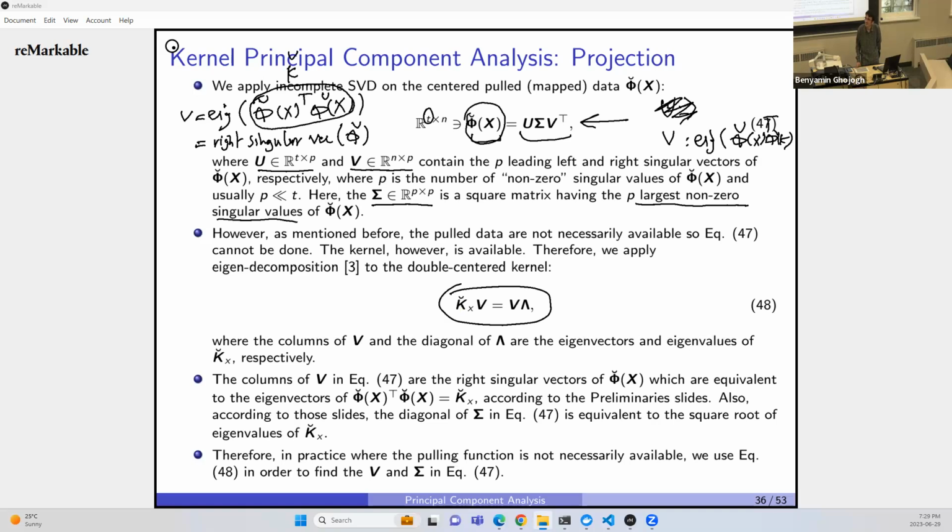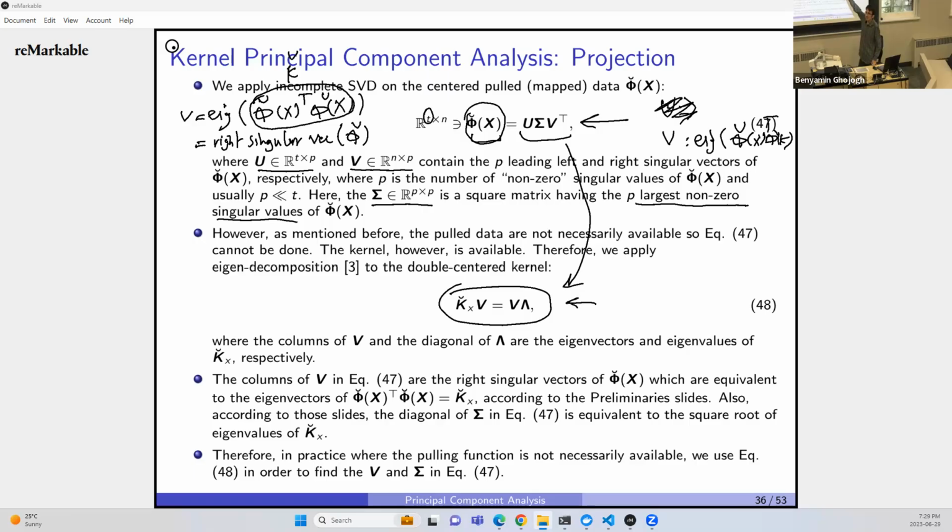Therefore, I can calculate the eigenvectors of K hat. Equation 48 is exactly the eigenvalue decomposition of K hat, where V is the eigenvectors of K hat. I know what I'm saying might be a bit confusing, but if you replay what I told you several times on YouTube and try to understand every sentence, it becomes very clear. It needs a bit of thinking. In simple words, it's nothing complicated, though at first glance it might seem so.